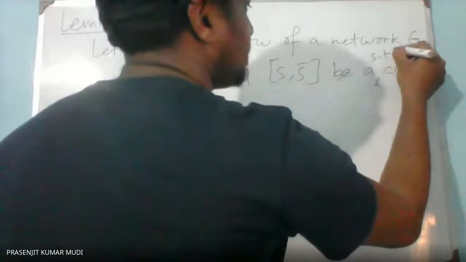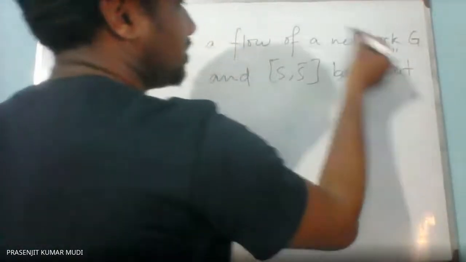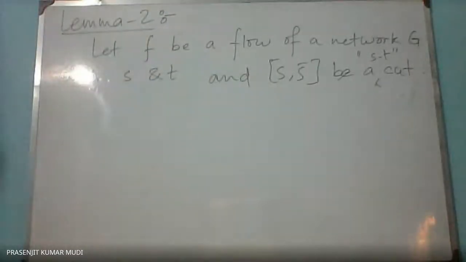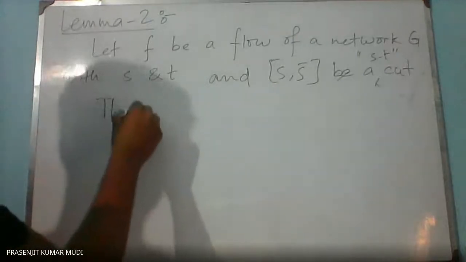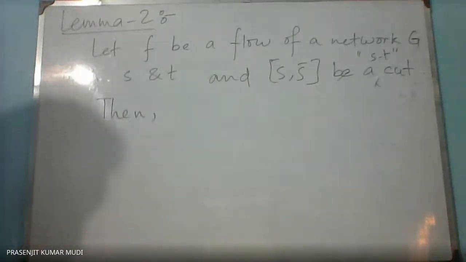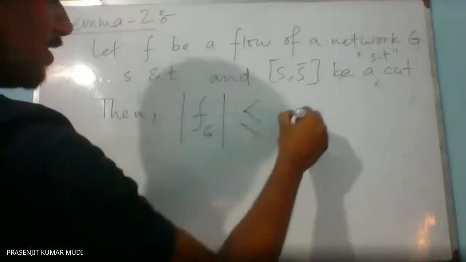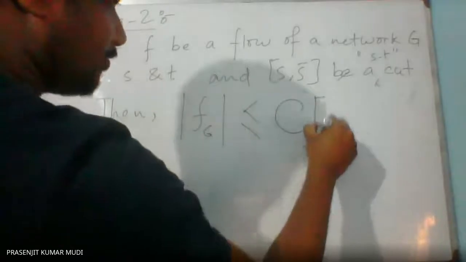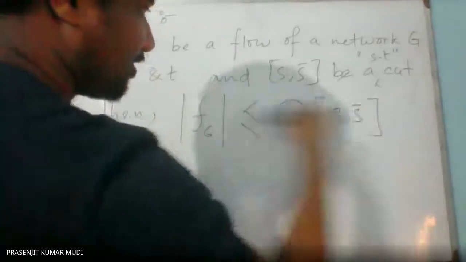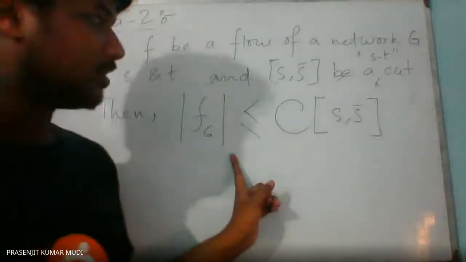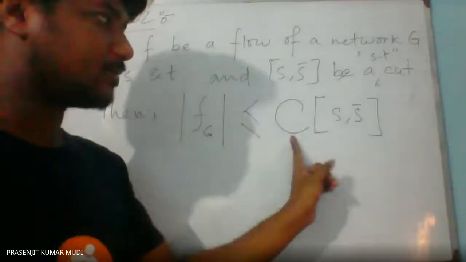We understand what an S-T cut is: S is a vertex belonging to S, and T is a vertex belonging to S bar. Then this lemma says another very powerful thing: the flow of the network F of G has to be less than or equal to the cut capacity C of (S, S bar).